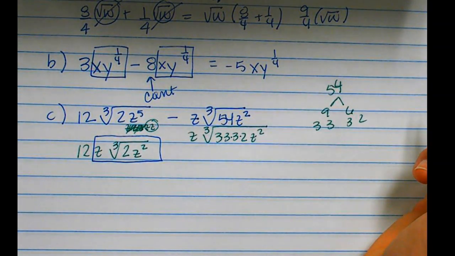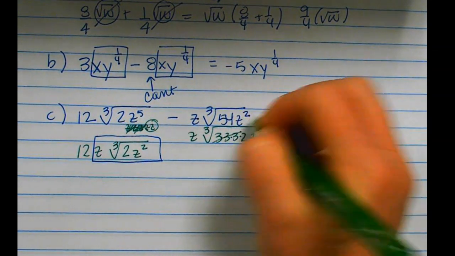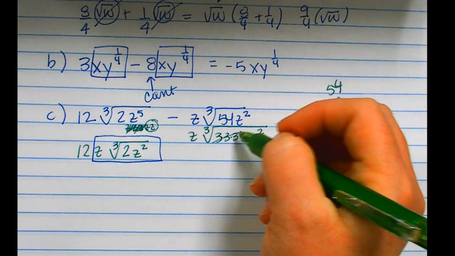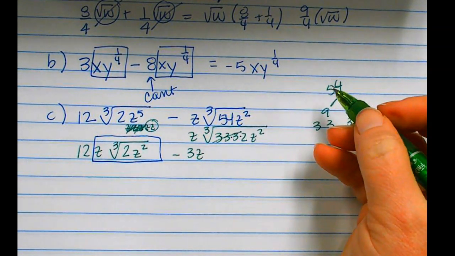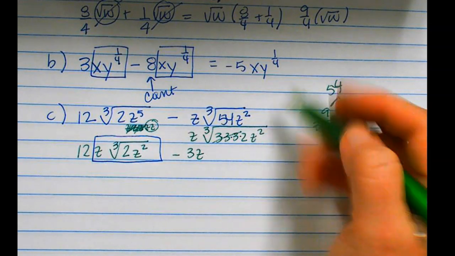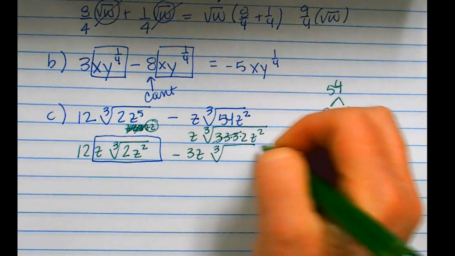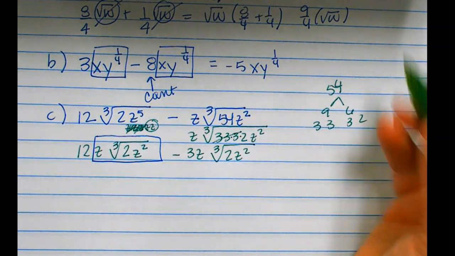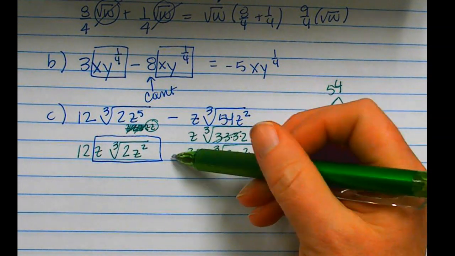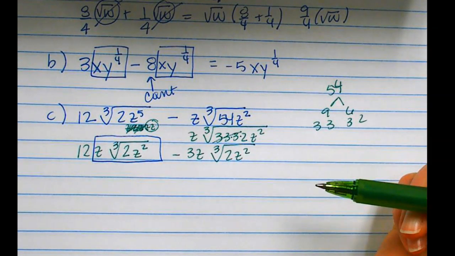Can I take out anything now? So we take out a 3. Now I have a 3 on the outside and a z. I have a 2 and a z squared left. Cube root of 2z squared left. In the second term, negative 3 is how many I have.